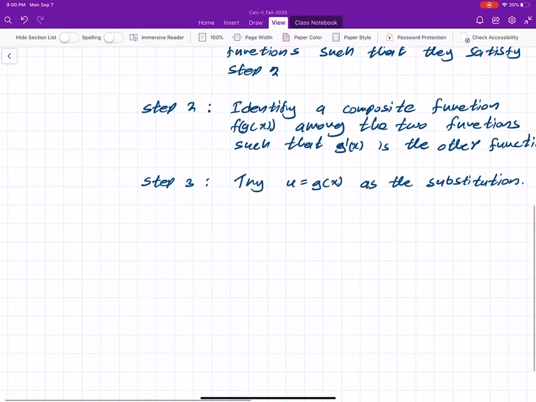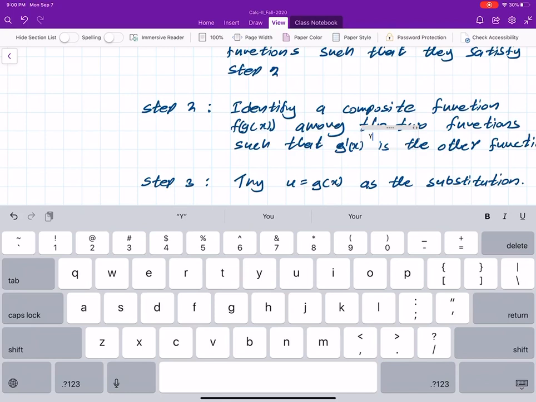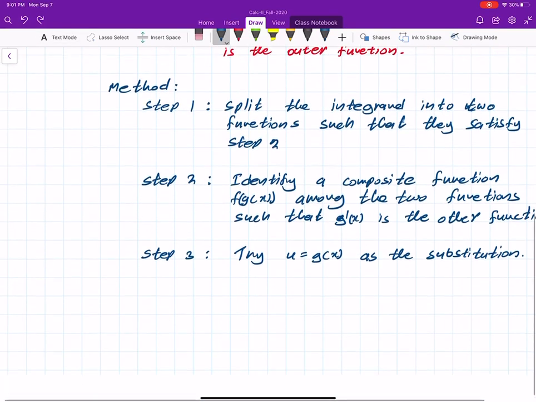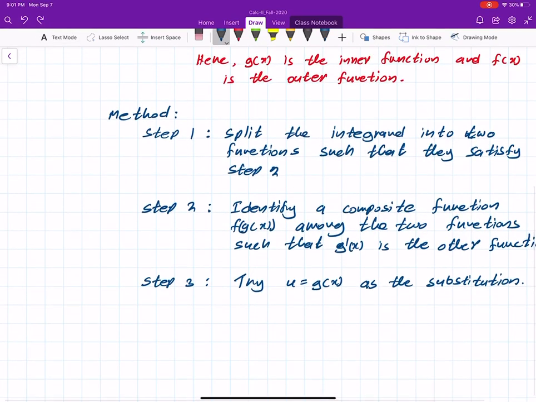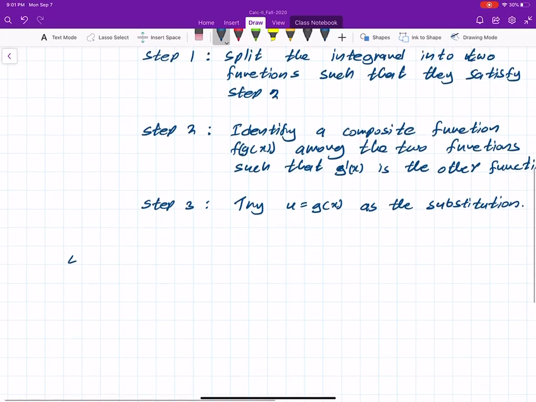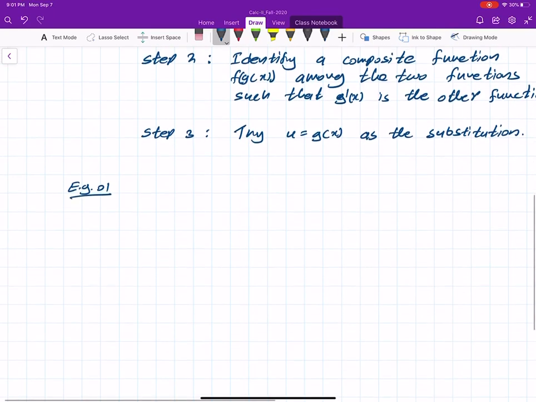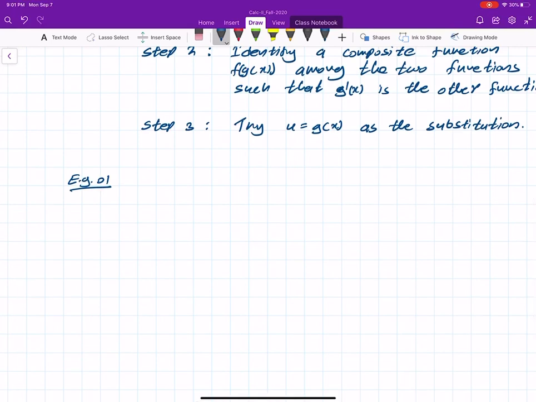Example number 1. The problem here is integrate 2x times (x squared plus 5) to the power minus 4 dx.